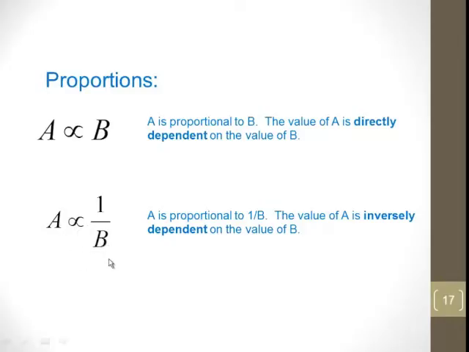That's basically what we're looking at here. And so the value of A is going to be inversely dependent on the value of B, which simply means that it is going to decrease when B increases. And we know that. I don't think that's anything new.